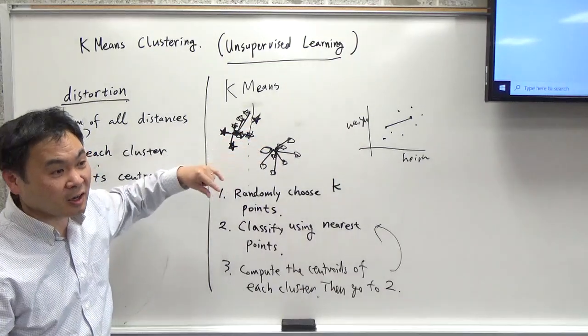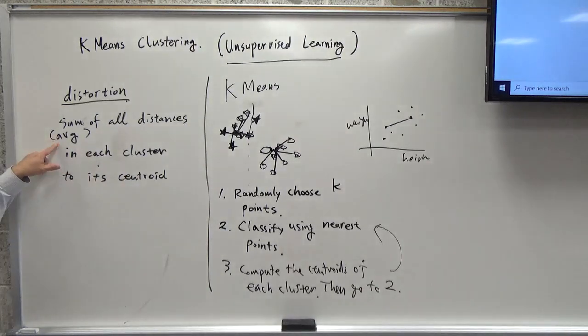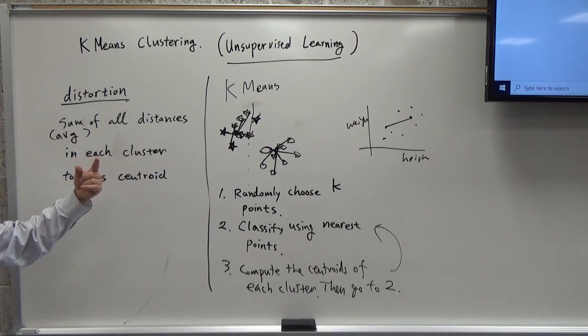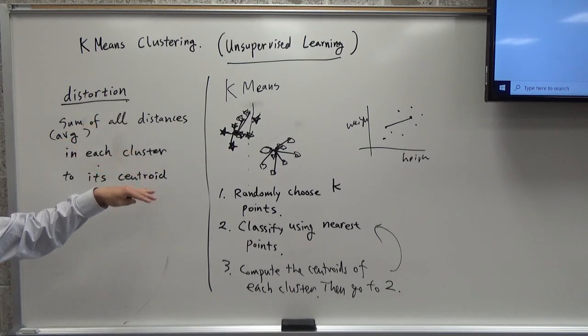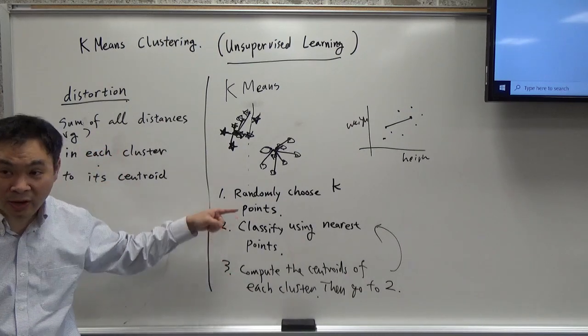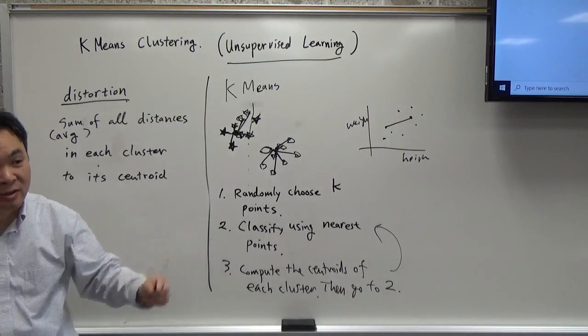So if you take the sum of all the distances like that, or the average of all the distances, then the value will go down, right? The sum of the distances will go down as you iterate.